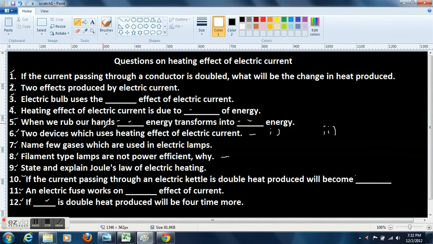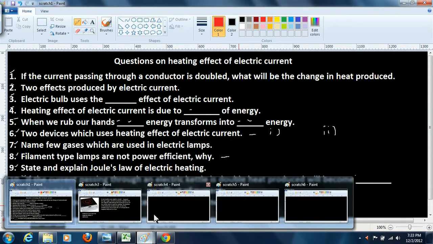In this tutorial, I will be discussing the answers of those questions, starting from question number 1. If the current passing through a conductor is doubled, what will be the change in heat produced? Okay, let us write the formula once again.